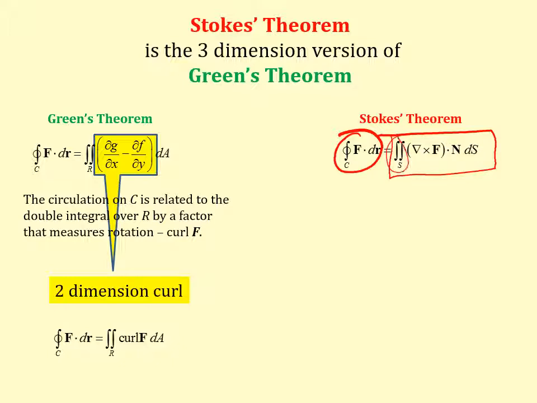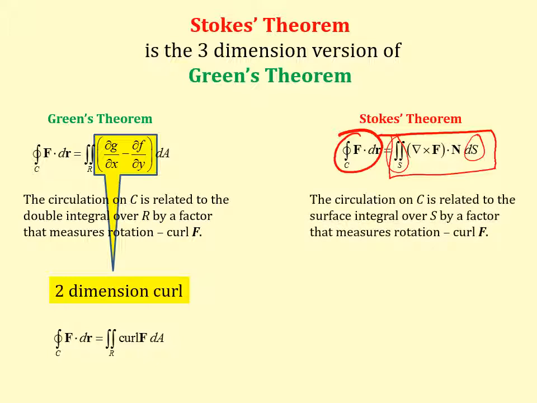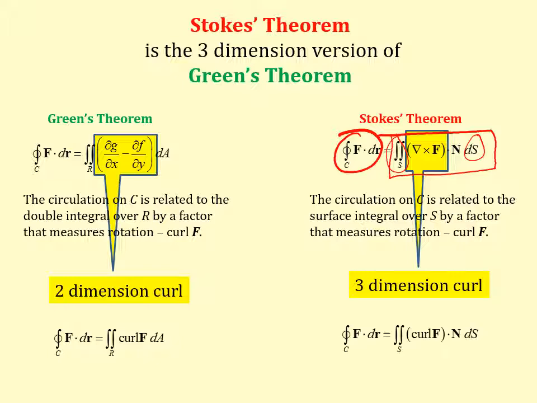Now this is a surface that we're integrating over, and the factor is still called the curl of F. So essentially we have the same two things said for 2 dimensions and for 3 dimensions.